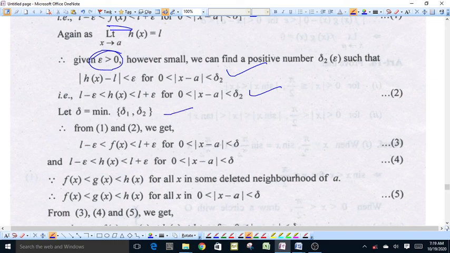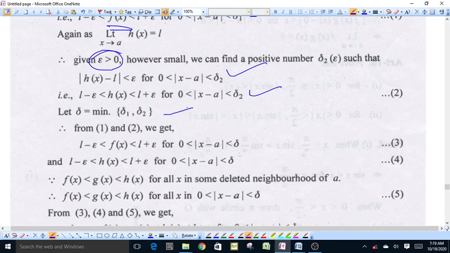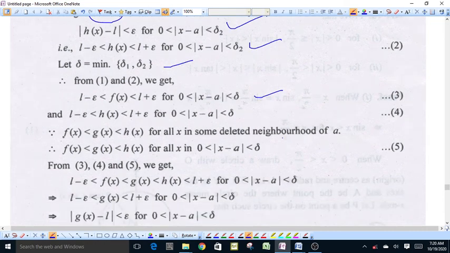Then from the first and second equations we can write that f(x) lies between L minus epsilon and L plus epsilon for |x minus a| less than delta, and similarly h(x) lies between L minus epsilon and L plus epsilon for |x minus a| less than delta.